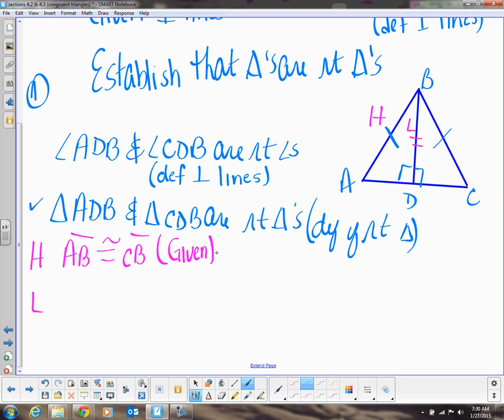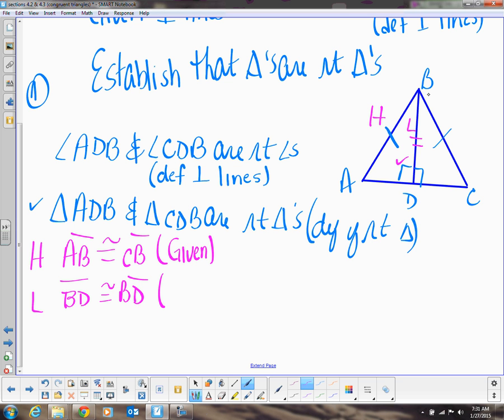Now, we picked up on BD. Why is BD congruent to BD, Caitlin? This segment, why is it congruent? The perpendicular gave us the right angles. The right angle gave us the right triangle. But this is a shared side. What's the reason for a shared side?